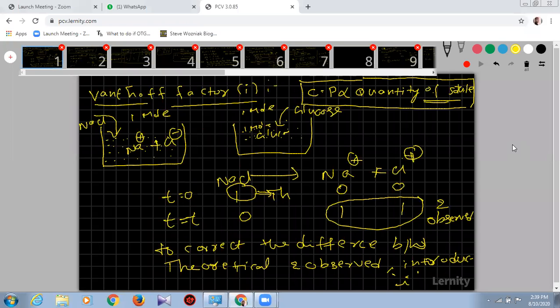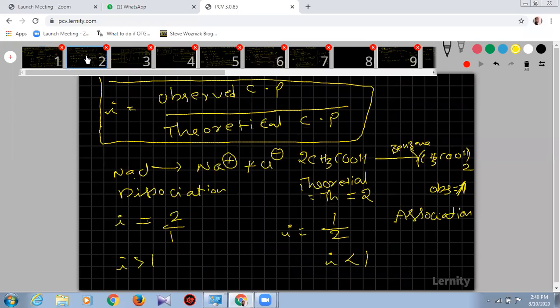Does anyone want to take a screenshot? Next, I'm going to the second slide, and then the third slide.